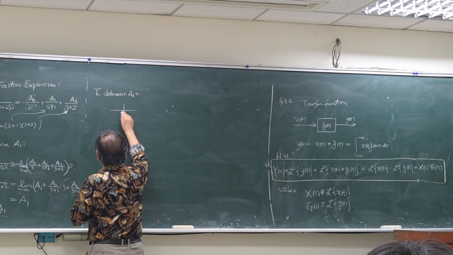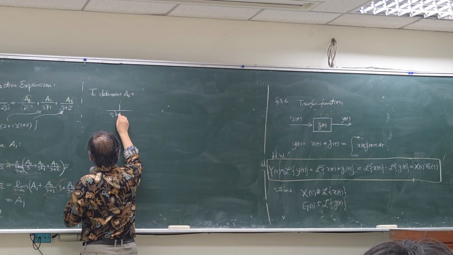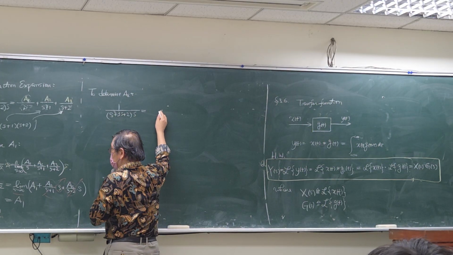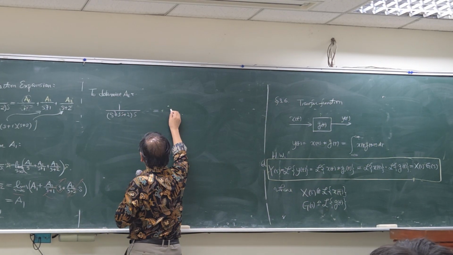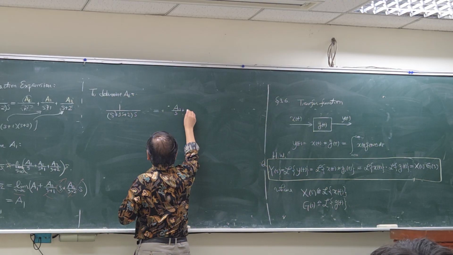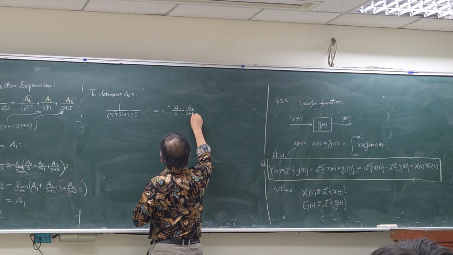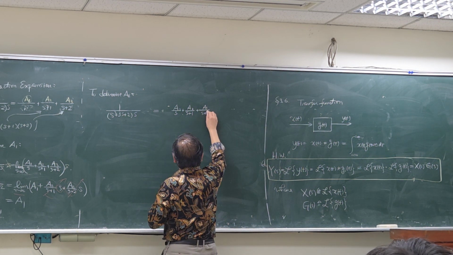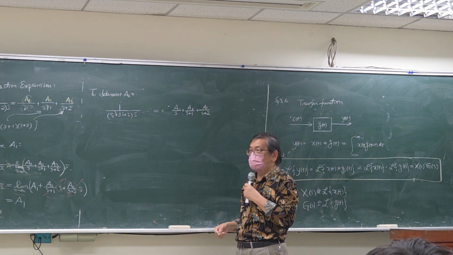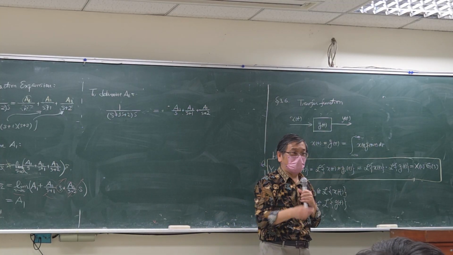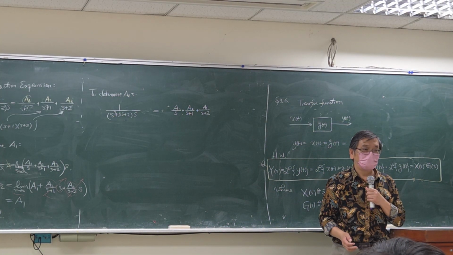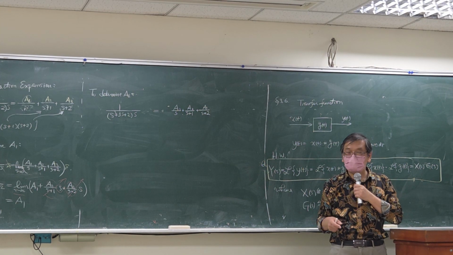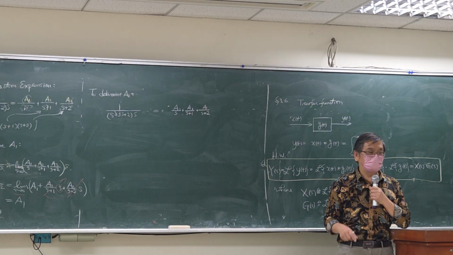Okay, so again, let's start with the cancel function times all of this. So any suggestion? How do I determine A2? Using a similar technique, right? So what should I do now?